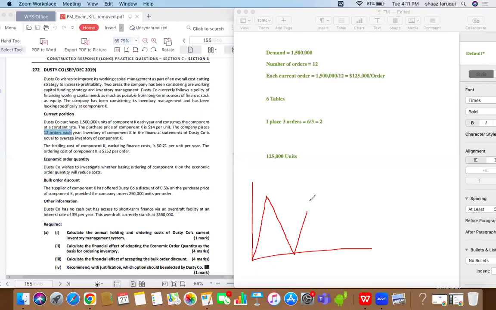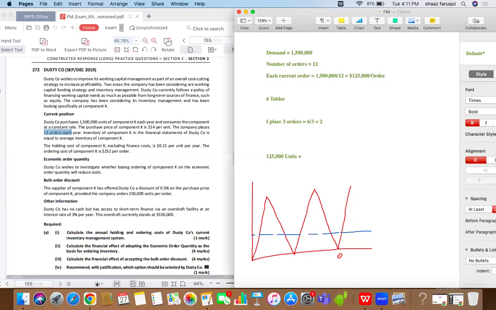Then again, I will get 1,25,000 units. Then again, gradually the units will get sold. Basically, they'll come back to 0. Then again, I will get 1,25,000 units. So on average, at one time I have 1,25,000. At another time, I have 0 units.